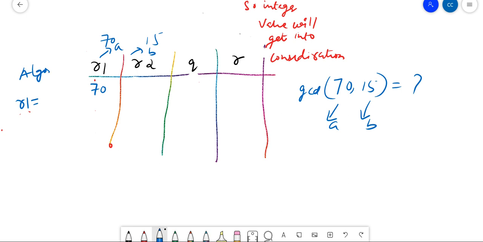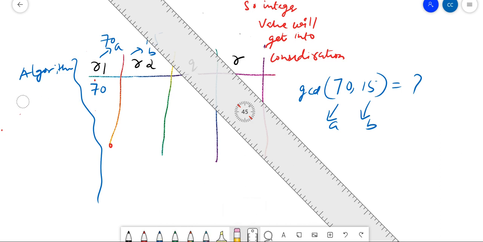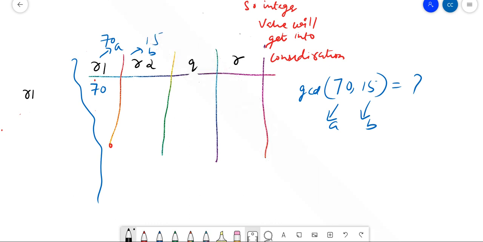R1 becomes A and R2 is B. Now R2 is B, that is 15, and R1 is 70. Now Q, how can we get it?